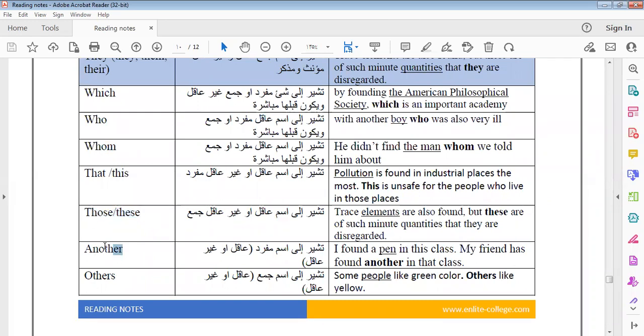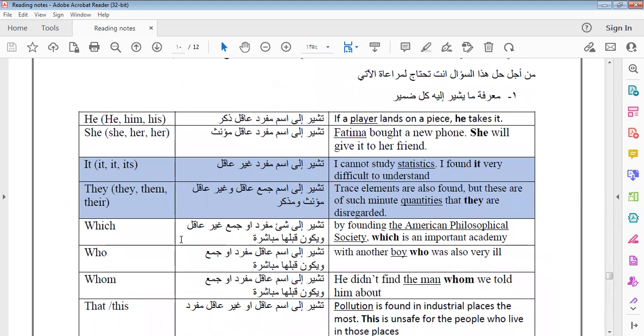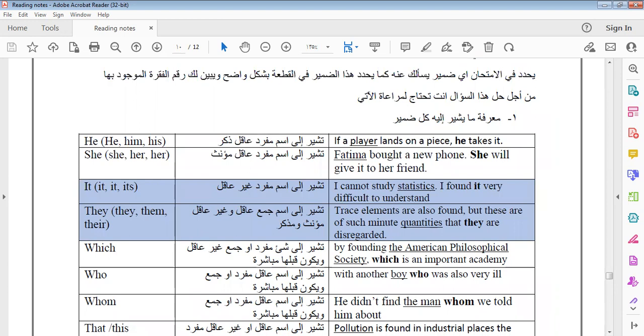Another refers to a singular noun, either person or something. Others refers to plural, either person or thing. I want you please to look at the sentence preceding the pronoun, ننظر إلى الجملة التي تسبق الضمير, not the sentence following the pronoun.